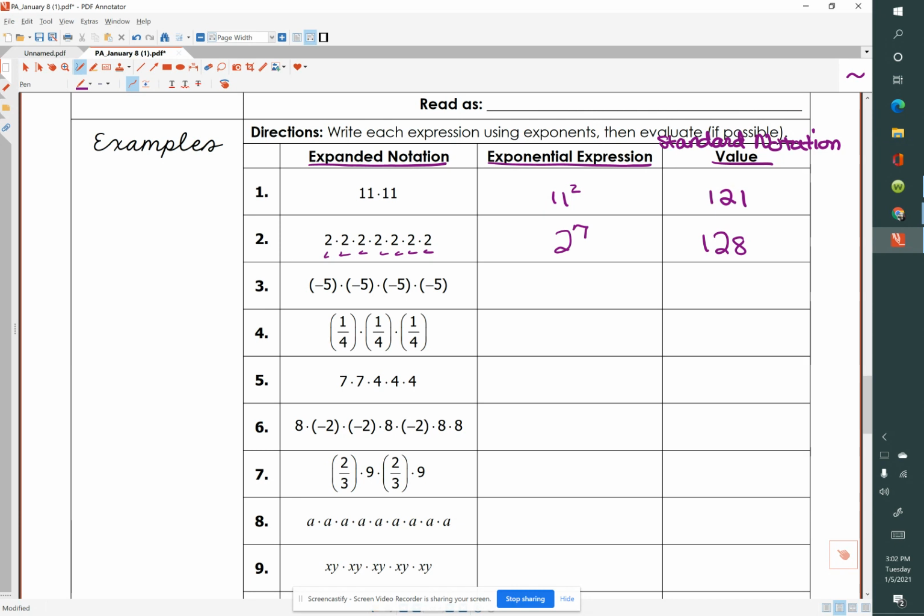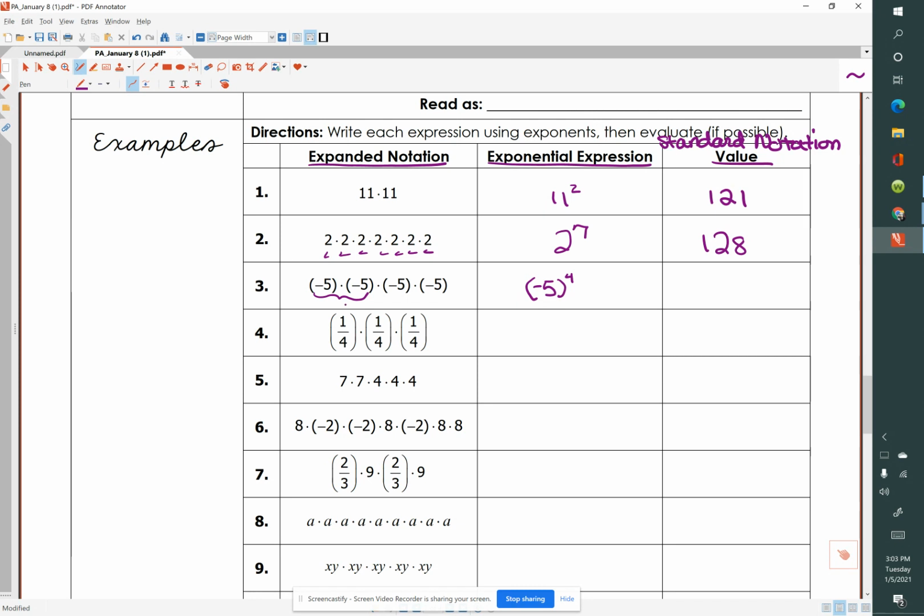Now, be careful with the negative numbers. We have 4 negative 5s. This is not 4 times negative 5. This is negative 5 times negative 5 times negative 5 times negative 5, or negative 5 to the fourth power. And notice how I put that in parentheses. Well, when we evaluate this, a negative times a negative is a positive.